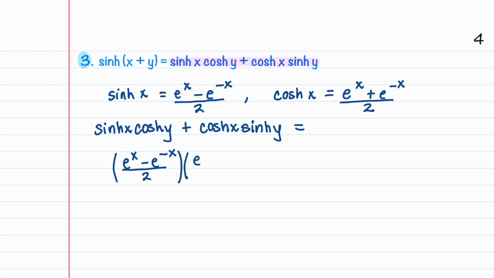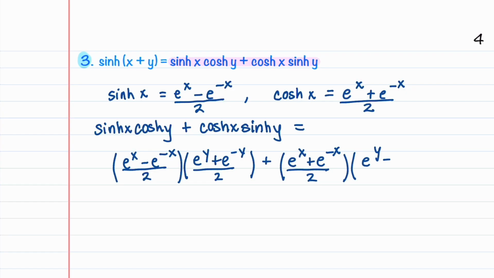So this is just e to the y plus e to the minus y all over 2. And now we're going to plug in what cosh(x) is. Now we're going to use an x, so this is e to the x plus e to the minus x, all divided by 2. And then lastly, we have sech of y, and this is e to the y minus e to the minus y, all divided by 2.